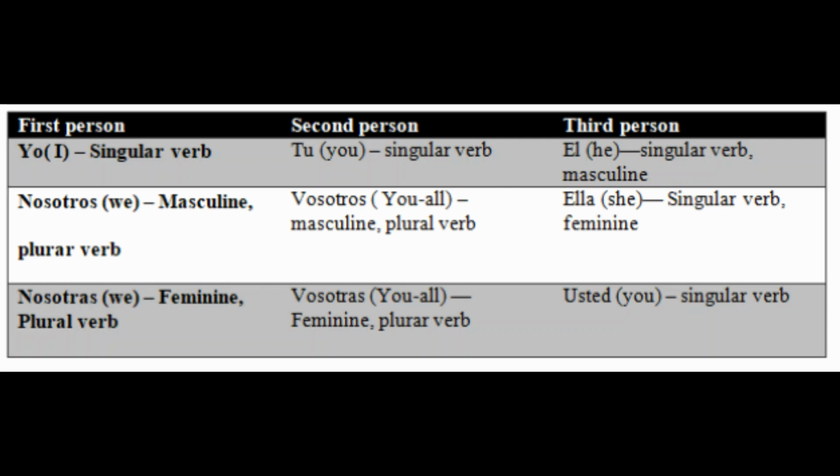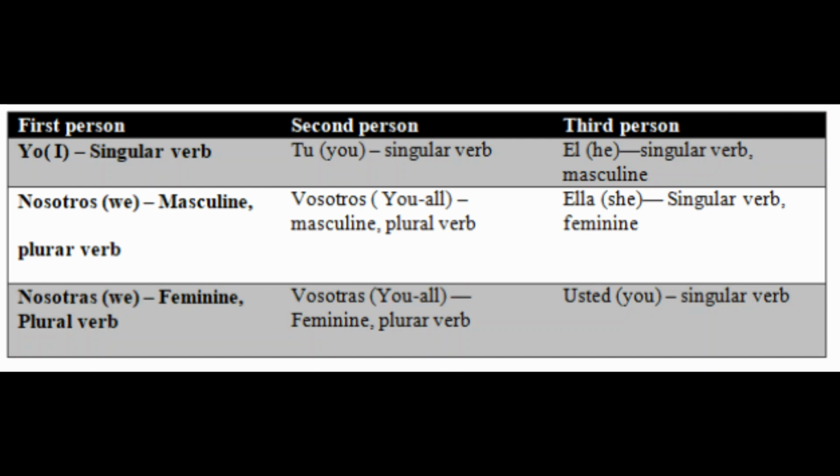When creating sentences in Spanish, first, second, and third person can be used. For example, yo means I, and it is considered singular. Nosotros is masculine, and nosotras is feminine, both meaning we, also considered plural.